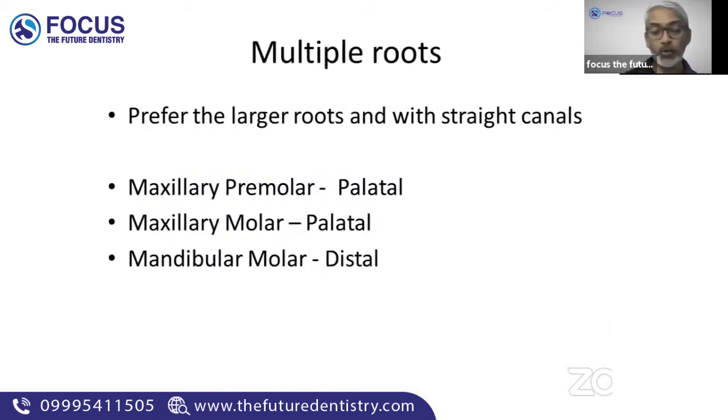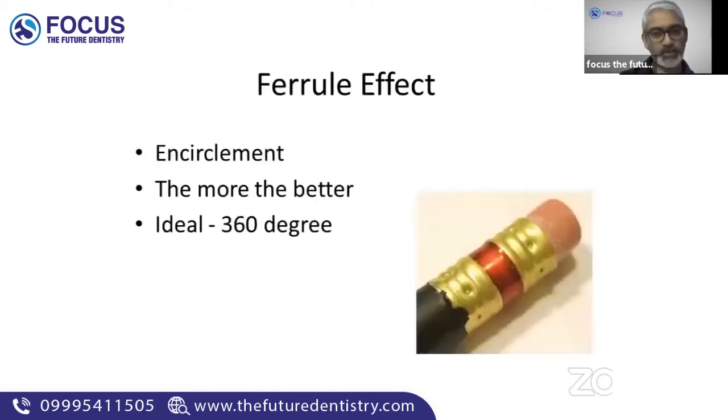And if you have multiple roots, what will you do? You prefer the larger roots and the roots with straight canals, because you shouldn't perforate when you are preparing the post space. And there is something called the ferrule effect. What do you mean by ferrule effect? Whatever system of post you use, at the end you need an encirclement, and more encirclement is always better.